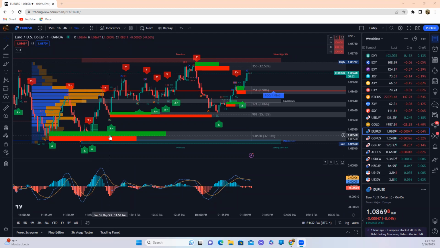You don't have to wait for a change of character. And again, with Euro USD this seems to work a little bit better, because I've seen where GJ will give you the signal, but then it'll come all the way back and push down.